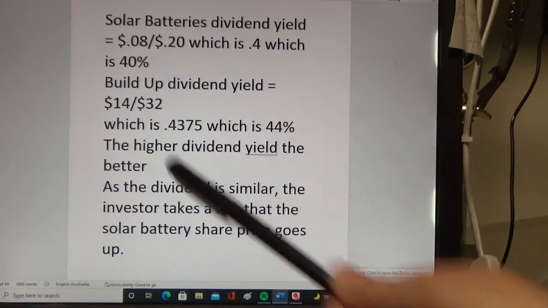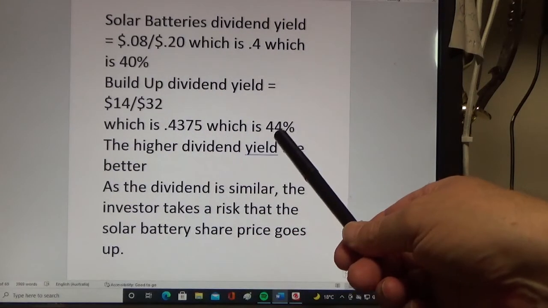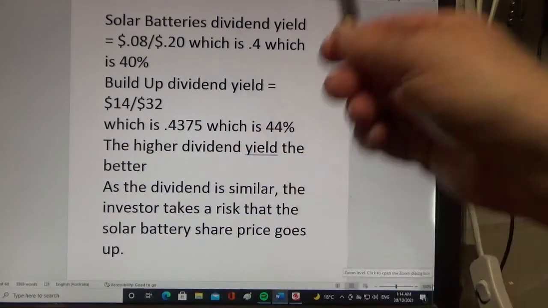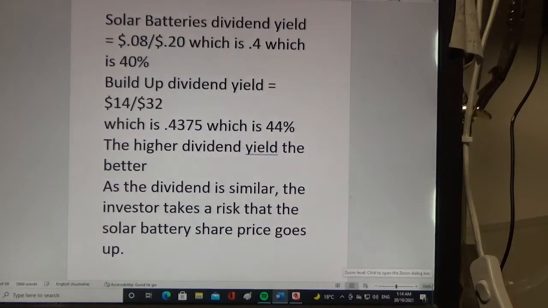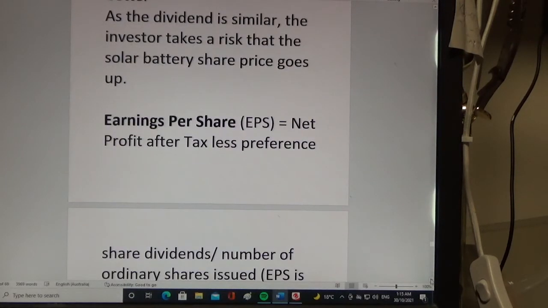Which is 0.4375, which is 44%. So not much different to the other company, a bit higher. The higher dividend yield, the better. As the dividend is similar, the investor is thinking, I'll take a bit of a risk that the solar battery share price will go up. So he invests in the technology stock.